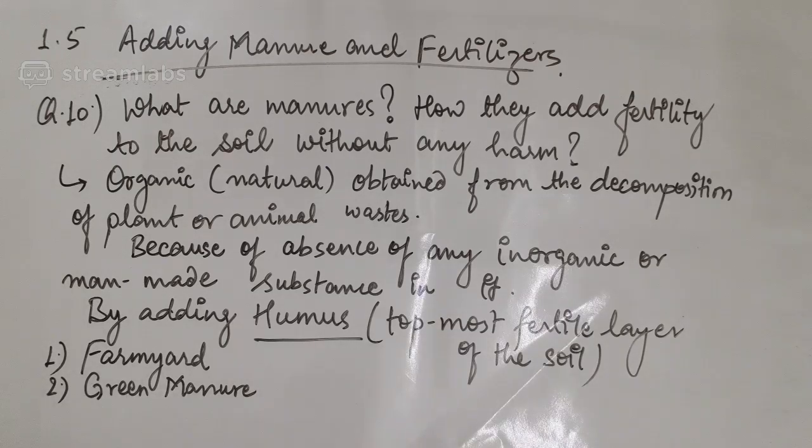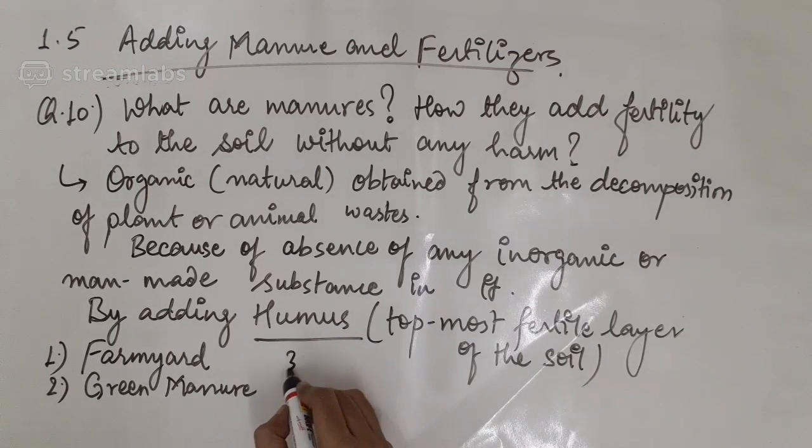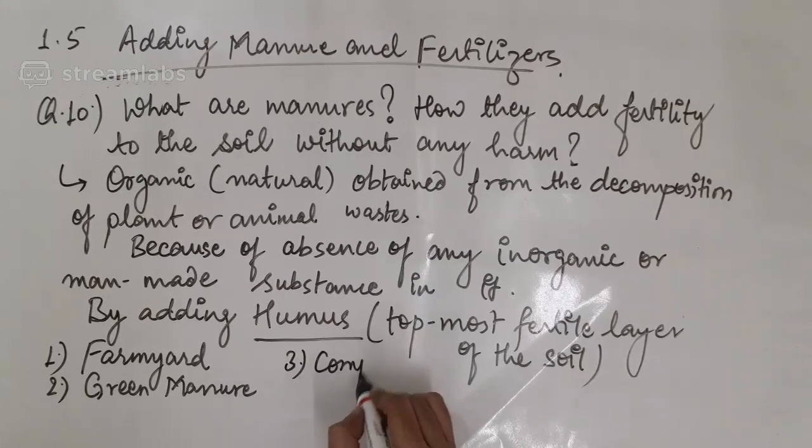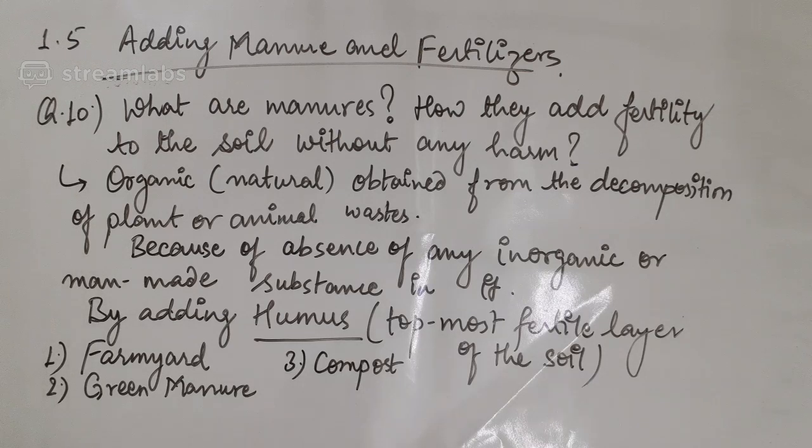Farmyard means the animals which are working on the farm and the farm plant waste. Third is compost, which is done by forming a pit and putting all the organic waste in it.